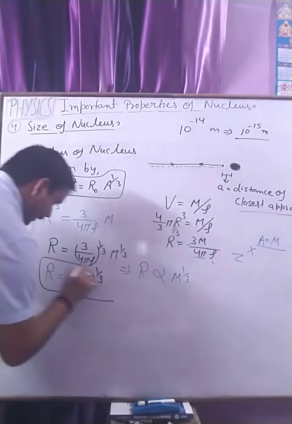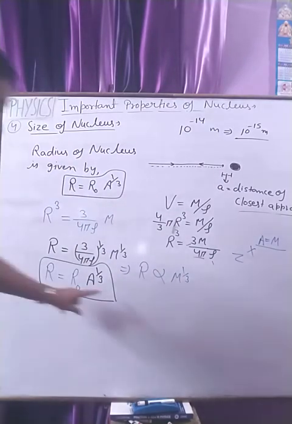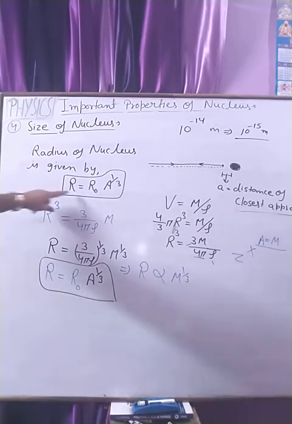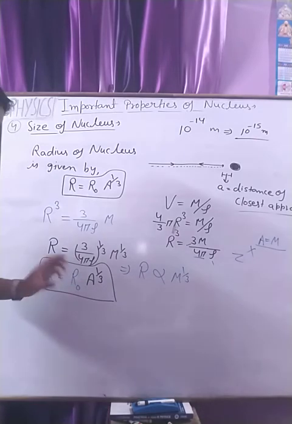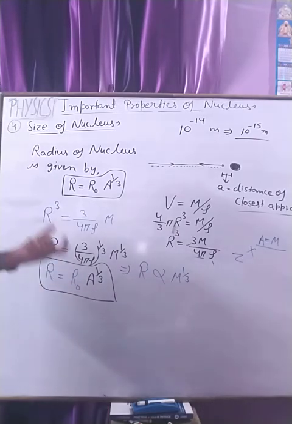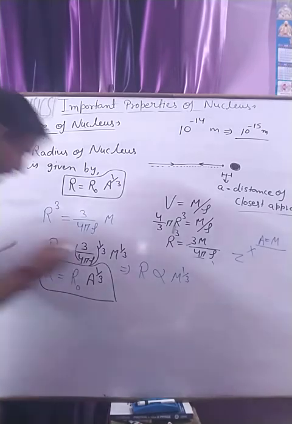This is the analogy to calculate this result. R is equal to r naught A to the power 1 by 3. Clear? So this is the distance, the size of nucleus. This we can calculate. The value r naught is constant for every kind of atom, 3 by 4 pi rho. Clear?